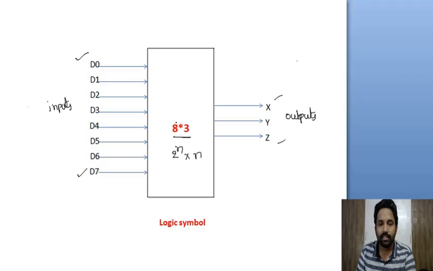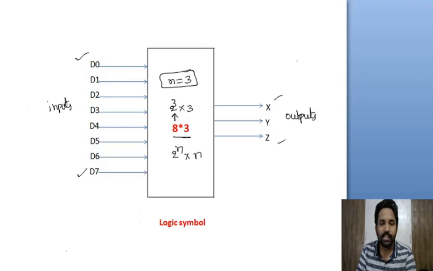So we write here 2 cube into 3 itself, where n is equal to 3. So this is the octal to binary encoder logic diagram, logic symbol.